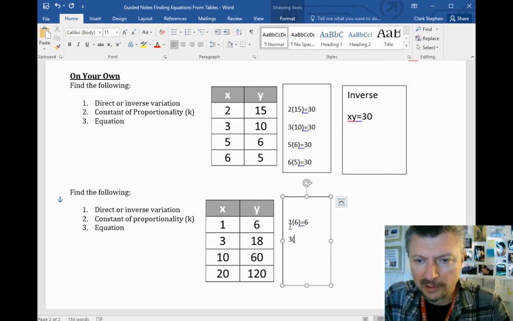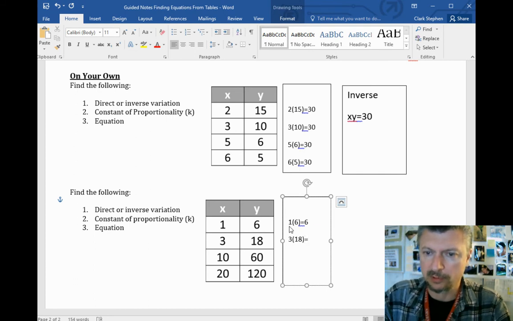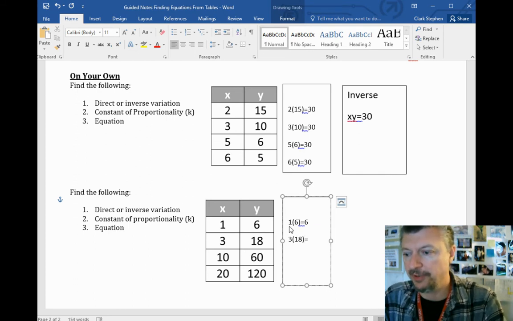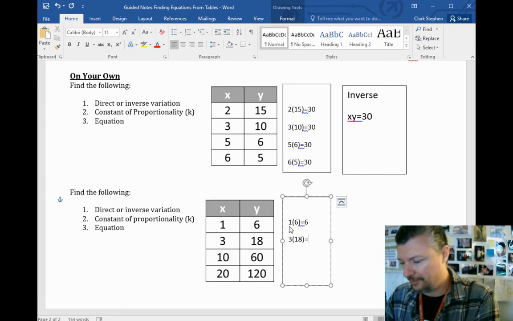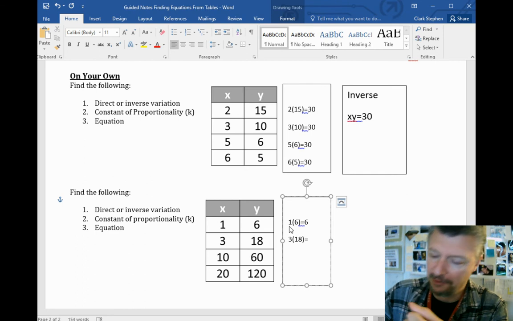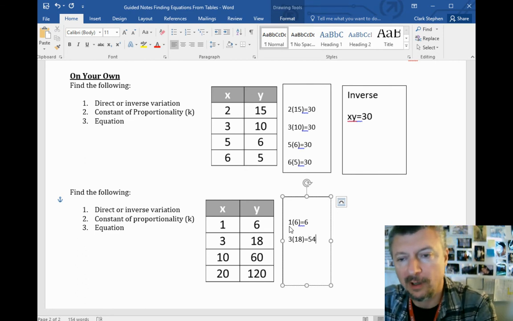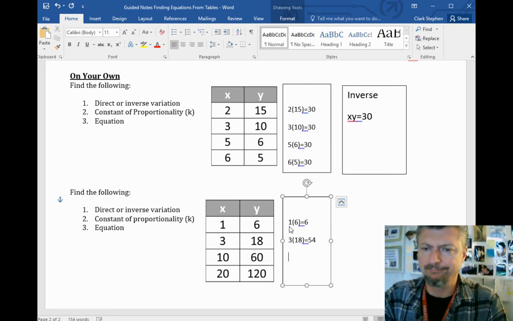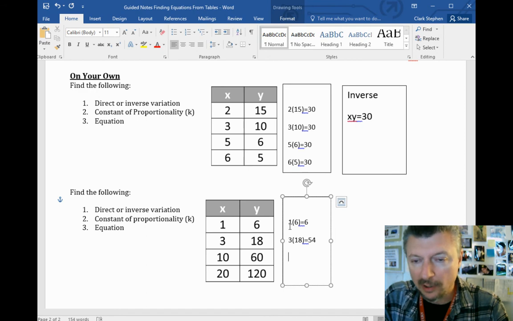And 3 times 18 equals, I should know this one, 54. Let's confirm. 3 times 18, 54. Okay, that does not equal the same thing. X times y does not equal the same thing every time. Therefore, it's not inverse. So I'll just put this here, not inverse.